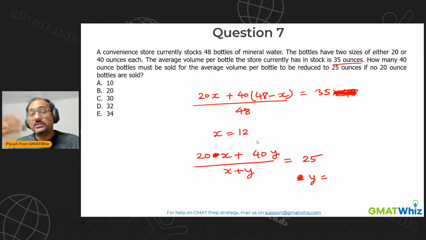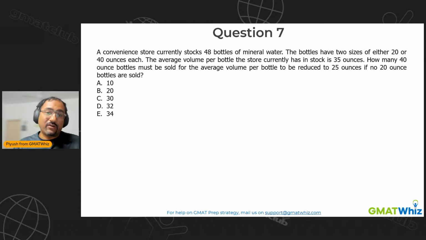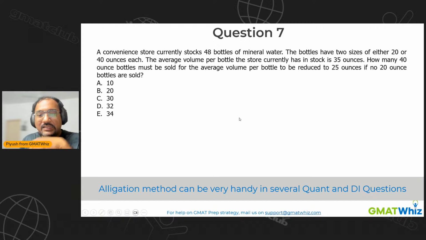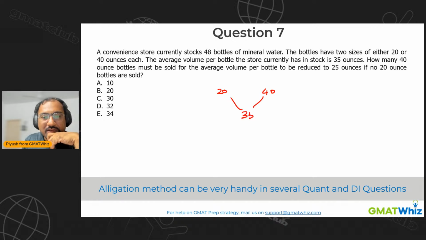But I'm more interested in teaching you a better method of doing this, which is more logical and faster, which is called alligation. The alligation concept is very simple, and it can be very handy in several quant and DI questions especially. So what this tells us is that if you have two bottle sizes, 20 and 40, and their average is coming out to be 35, then you just look at the difference between each of the sizes and the weighted average.